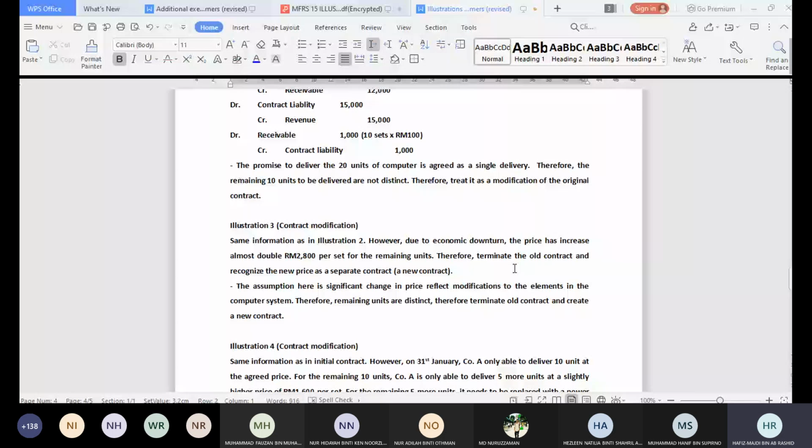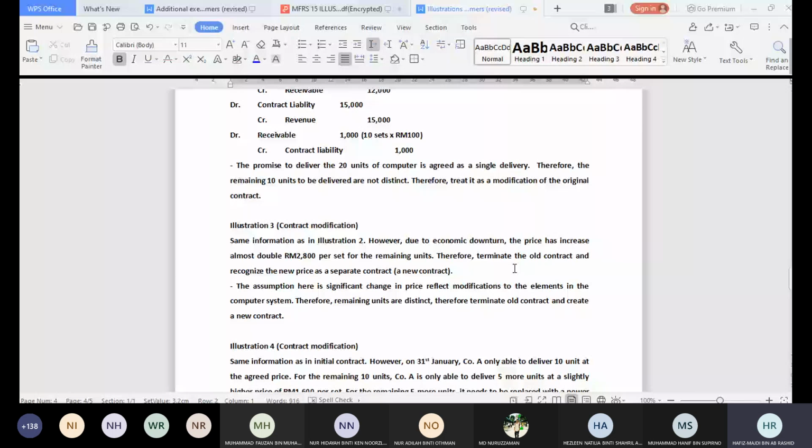Then create a new contract. The original contract is still on. However, if there is no additional unit required, then you will go to no, and then you need to assess the remaining units to be delivered. You only assess the remaining units to be delivered. Are they distinct or not?